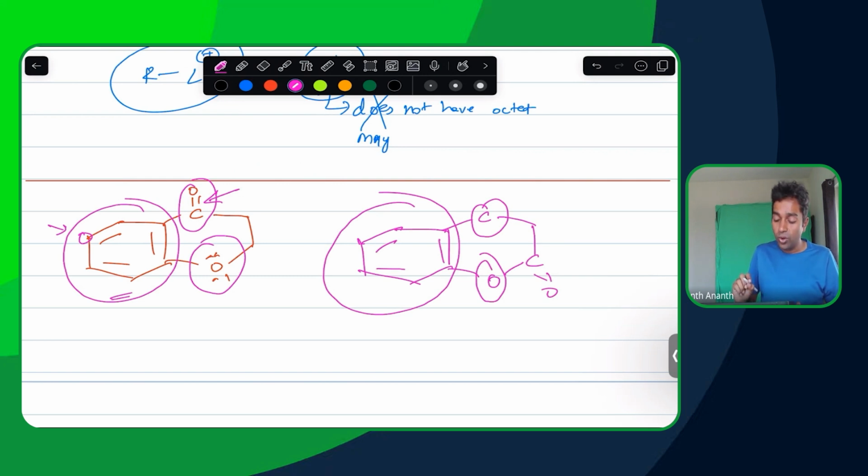But I feel the location in one, which is this para location here, might be better in one for attack. It will probably give better yield also. It might give a faster reaction compared to this.